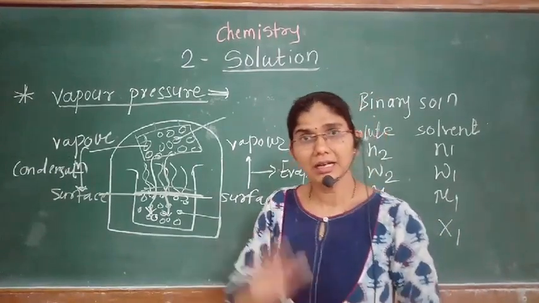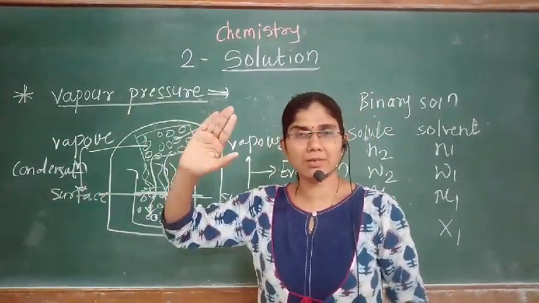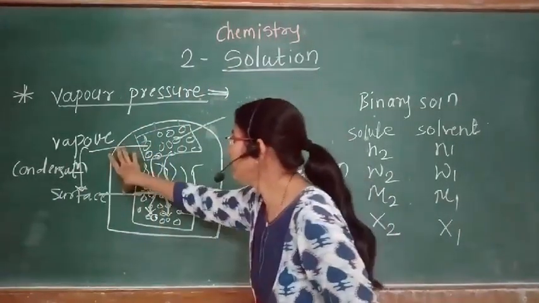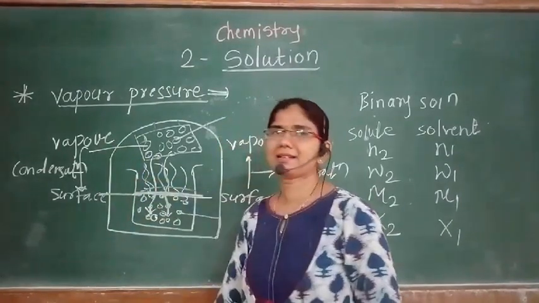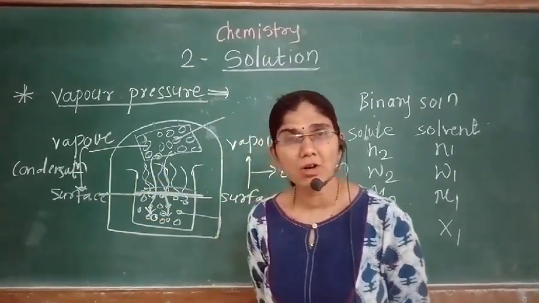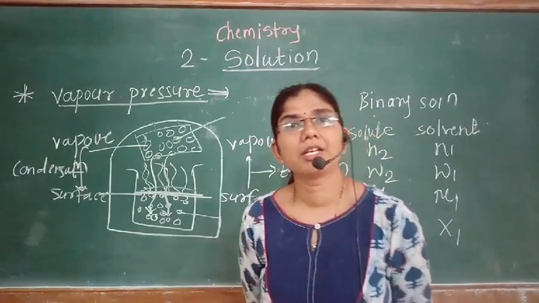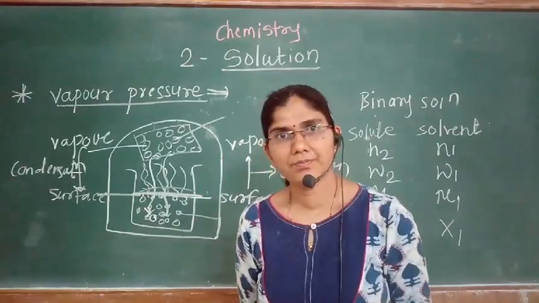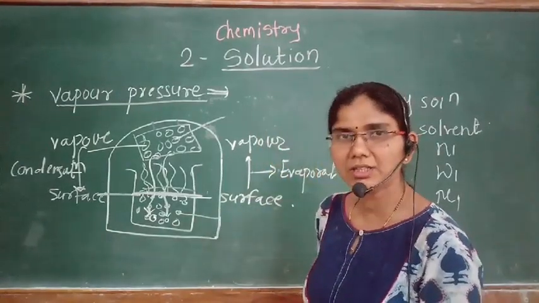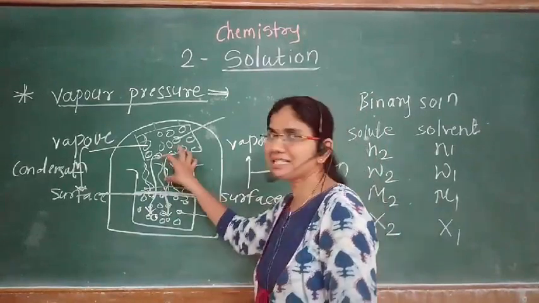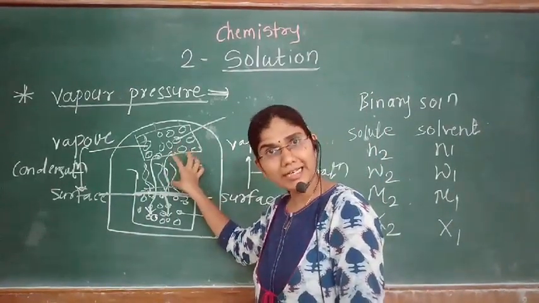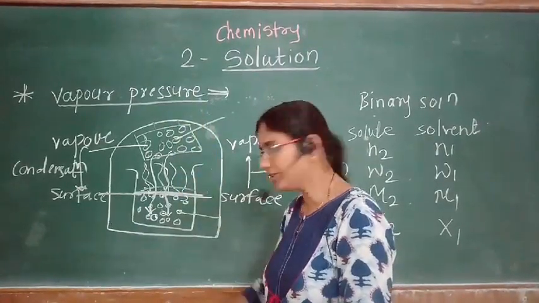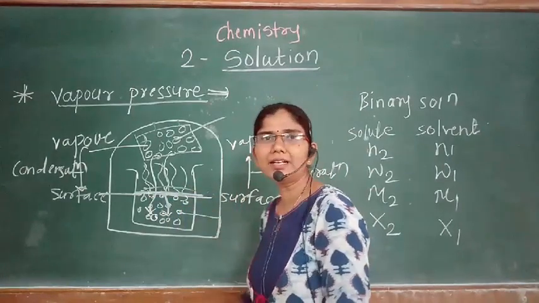Vapor pressure means the pressure exerted by the vapors, and vapors means the gaseous state of the substance, but when there is an equilibrium between the vapor and the surface.